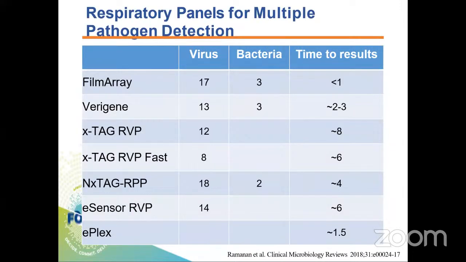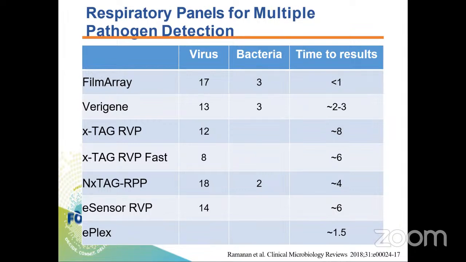Some of the target instruments in the market, for example, when you talk about a FilmArray for a pneumonia case, you can easily target close to 17 organisms, mostly viruses and probably 3 bacteria, depending on which panel you're running. If it's a respiratory panel targeting an upper respiratory tract infection, it could be more of the viruses than the bacteria.